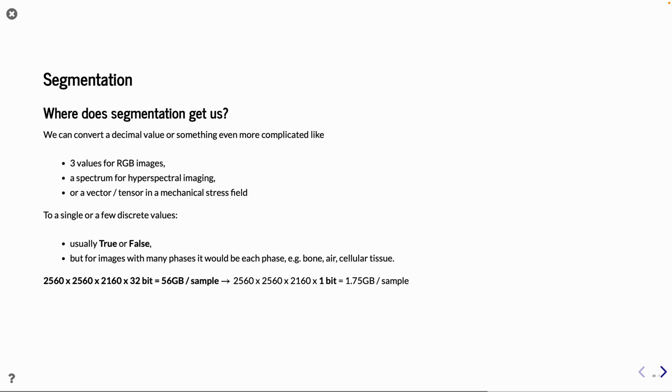So it could be true or false, or just a few phases, could be bone, air, or something like that. And that gives us a dramatic reduction in data. So from having 56 gigabytes per sample, we all of a sudden only have 1.5 gigabytes. And that makes a difference if you can work with it to some degree at least in your own laptop. The 56 really needs a big workstation to work with.